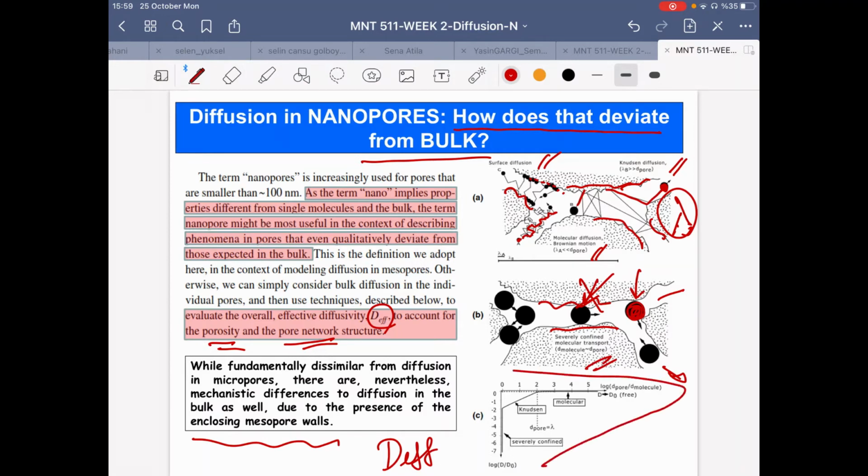And this figure is important, and I'm going to give another figure of this in the coming slides. But as you can see, it shows how things travel as a function of pore diameter, and this is the transfer of that molecule through the pore.